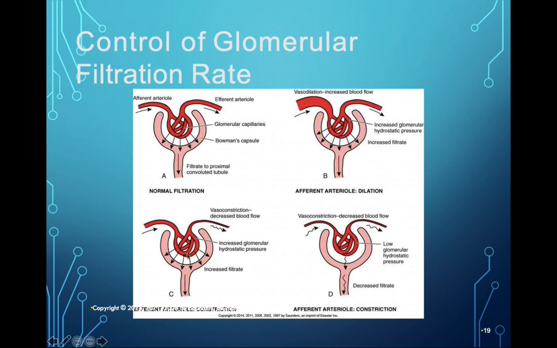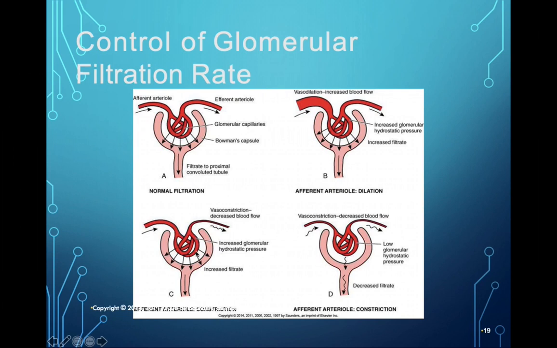Okay, here on the bottom left, we have a vasoconstricted efferent. So blood comes in, it can't come out as quickly, so it slows the rate at which it can leave, and it increases the time in the filtration system.